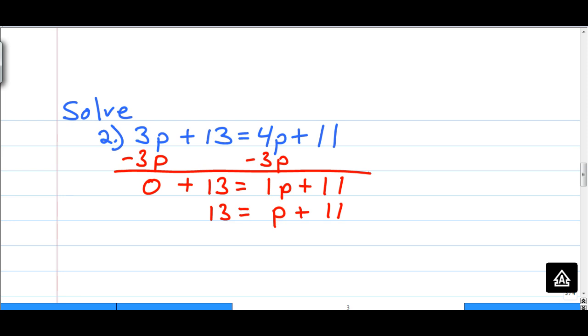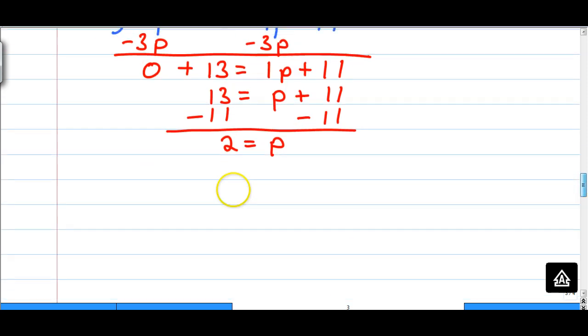There's always a 1 in front of our variables if we don't see anything, so we don't have to show it. Next, I'm going to isolate the p by summing a negative 11 to both sides of the equation. This leaves me with a positive 2 on the left and p on the right.